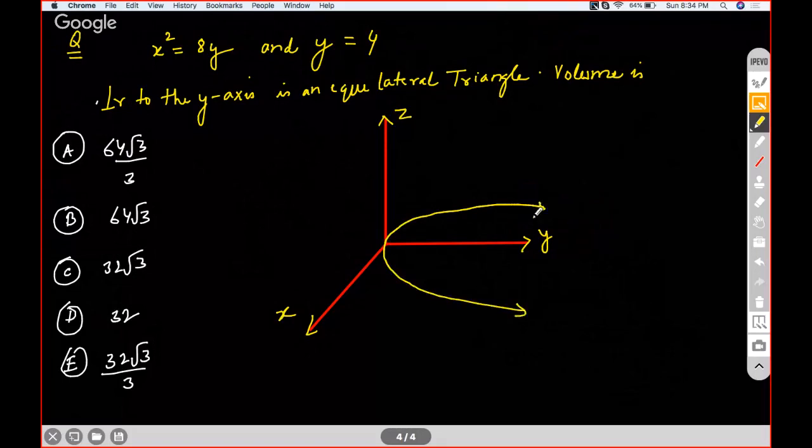X square is equal to 8y will be having its axis along the y-axis, right? Yeah. And perpendicular to that, you are making a cross-section area which is that of a triangle. I've tried my best to show a triangle. Hope you can visualize it. Right? Yes, sir. And this thickness here is your dy thickness.